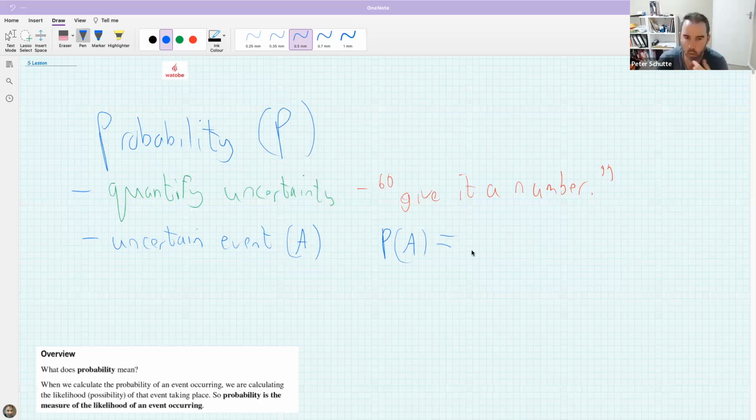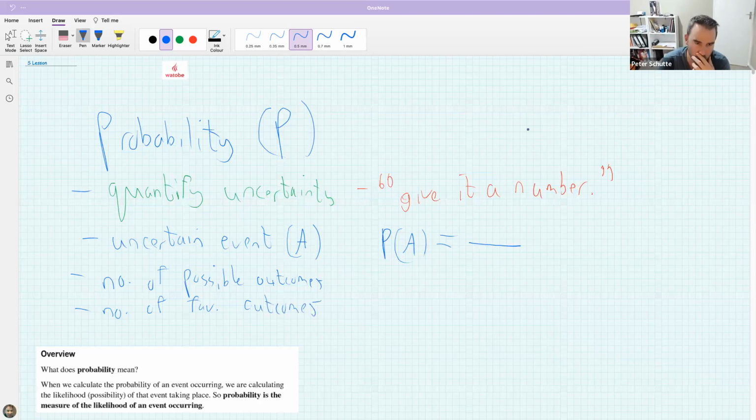And when we talk about calculating, what we talk about is the number of possible outcomes for an event, and we also talk about the number of favorable outcomes.